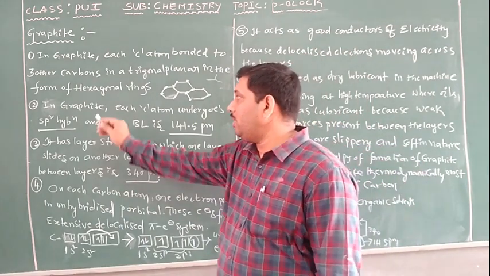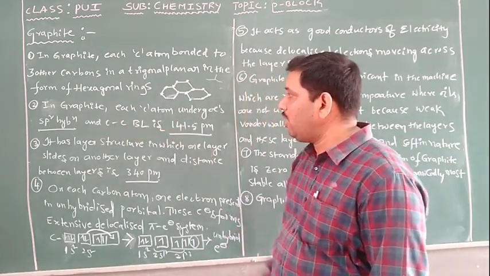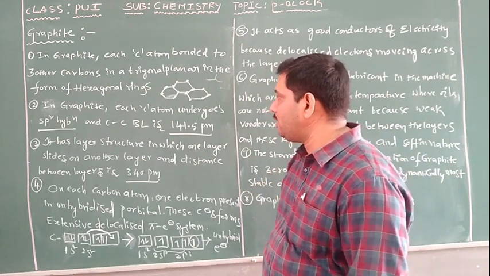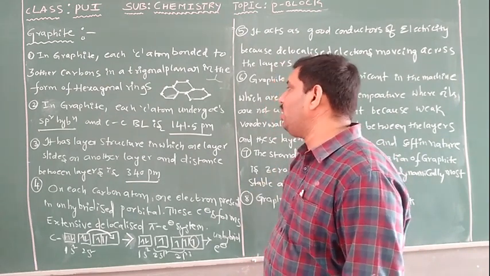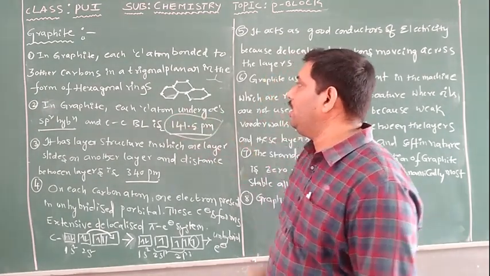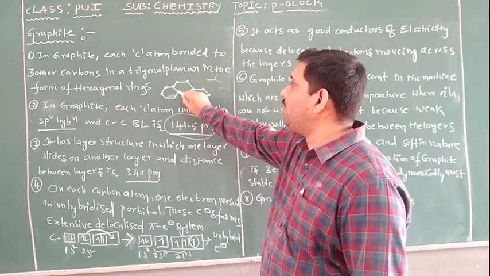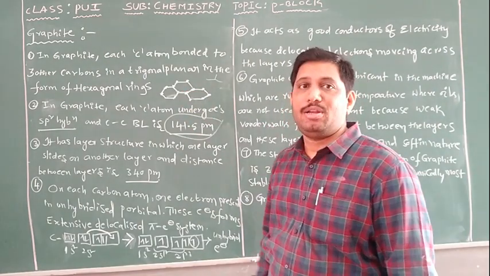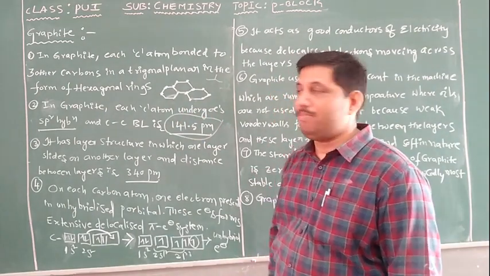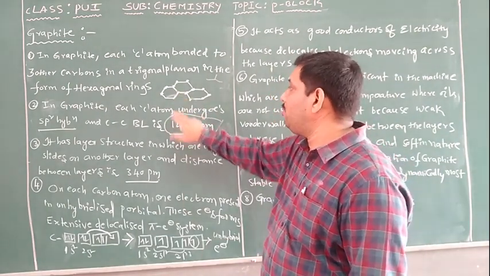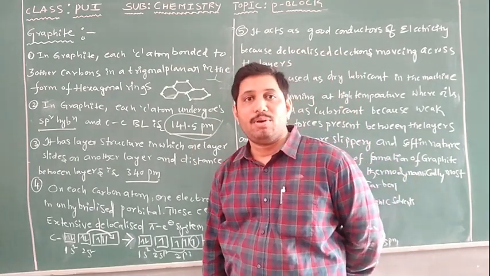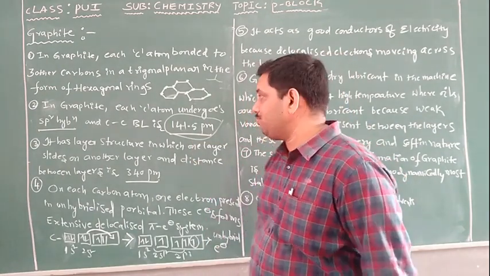Next one, student. In graphite each carbon atom undergoes sp2 hybridization and the C-C bond length is 141.5 picometer. Here each carbon atom undergoes sp2 hybridization because it is bonded to three other carbon atoms, and the carbon-carbon bond length is 141.5 picometers.